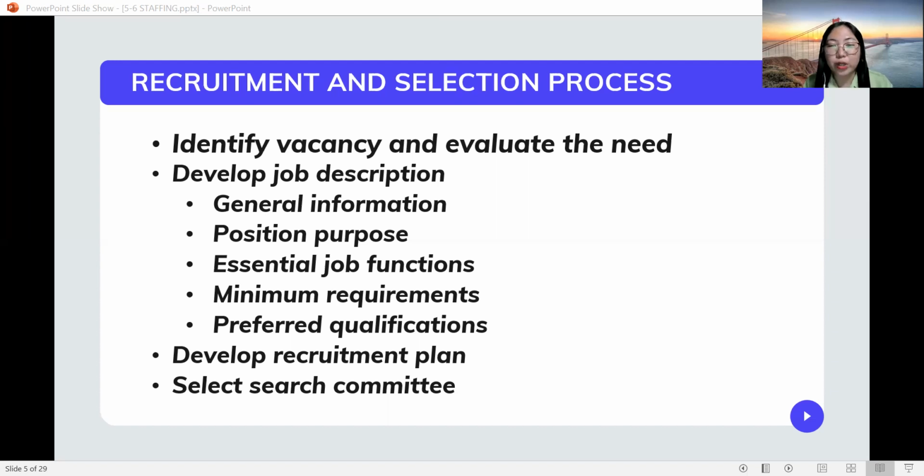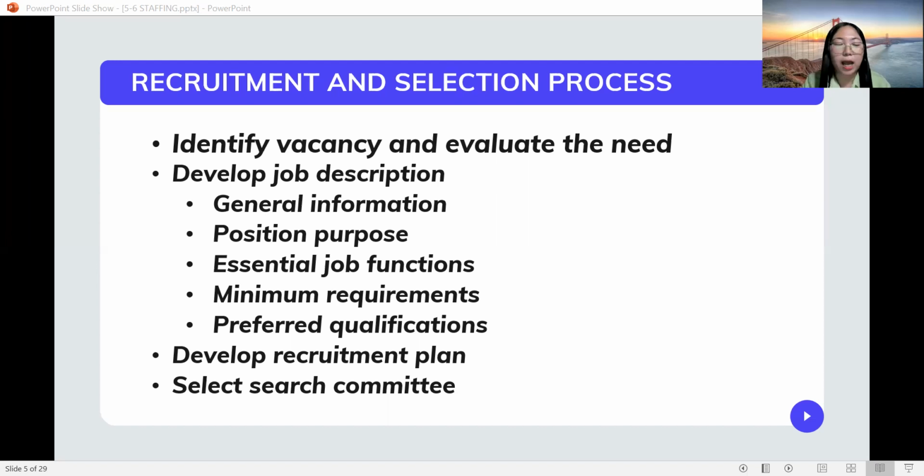So a selection of committees is formed by this organization. So each hiring manager should make an effort to appoint a search committee that represents a diverse cross-section of the staff. So hindi lang tayo, yung ating committee dapat tumingin sa isang part or sa isang requirements, sa isang basic requirements. No, this selection of committee are iba-iba yung kanilang distinction.